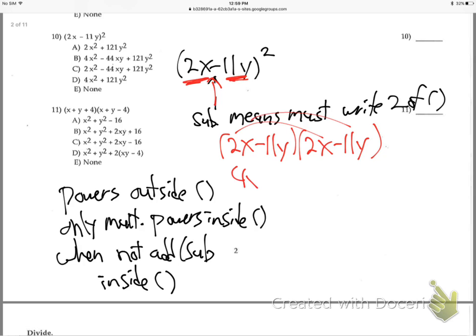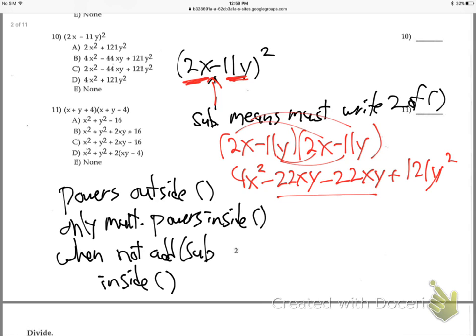What do we get? 4x squared minus 22xy, and boom and a boom, minus 22xy plus 11 times 11, 121y squared. Use your calculator if you need to. Got to FOIL it out, huh? Is that good? And then gather like terms.